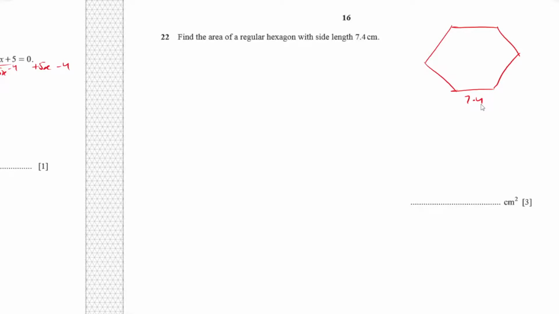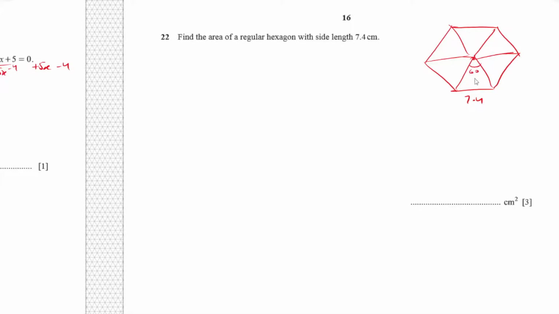Now you should know that a hexagon has these triangles, and they are equal. Just a hexagon, not pentagon and other shapes, but the 6-sided shape has these equilateral triangles, right? That's a fact. In an exam you would draw this, to make things easier for you. That's my advice.